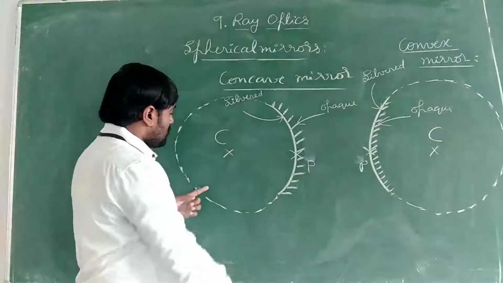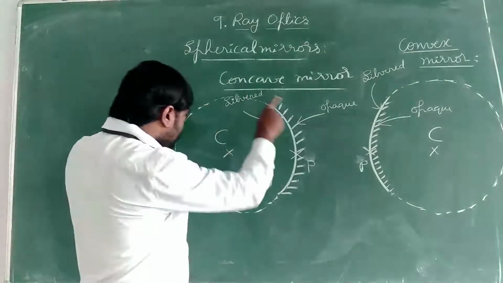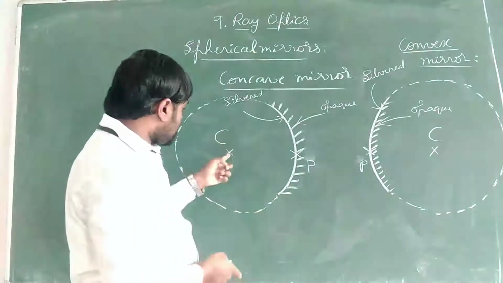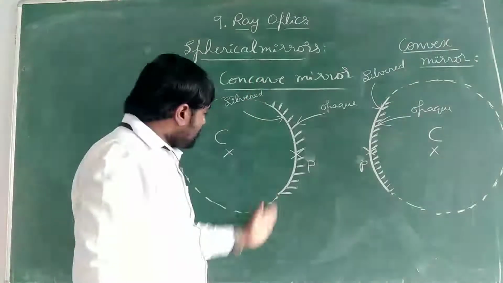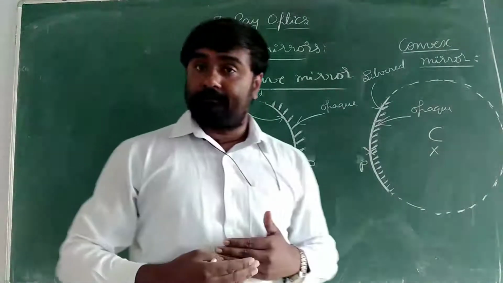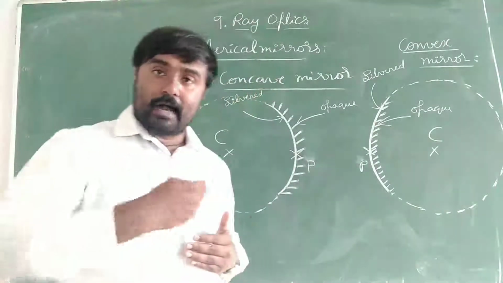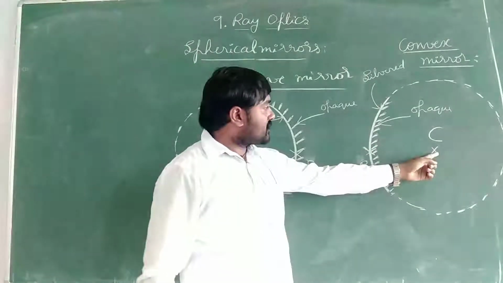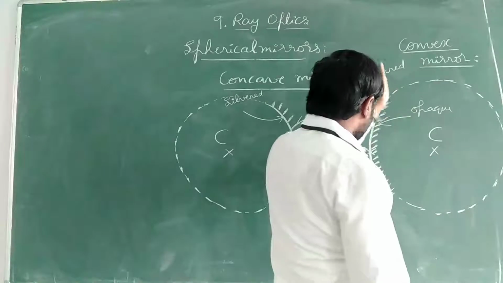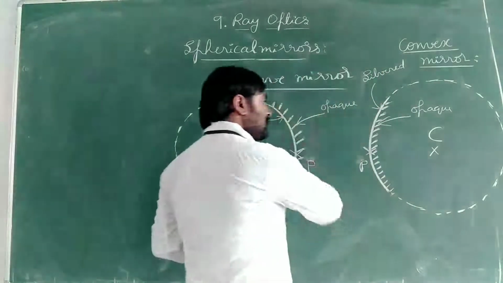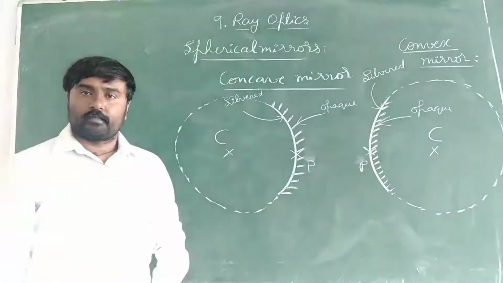The center of curvature is the center of the sphere, but the given mirror is a part. Center of curvature means the center of the sphere, but the given mirror is a part.